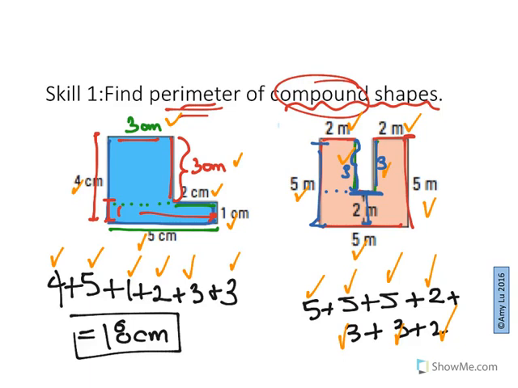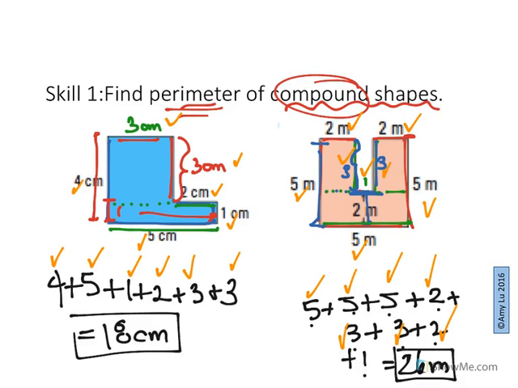So let's find out. I know that this part is 5. Here to here it's 2. Here to here it's 2. So that means this missing piece has to be 1. So I'm going to also add 1. There we go. Now I have all the numbers, so let's add. 5 plus 5 plus 5 plus 2 plus 3 plus 3 plus 2 plus 1 should equal 26 meters.